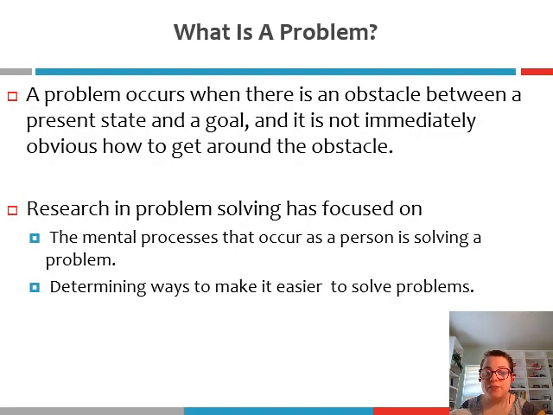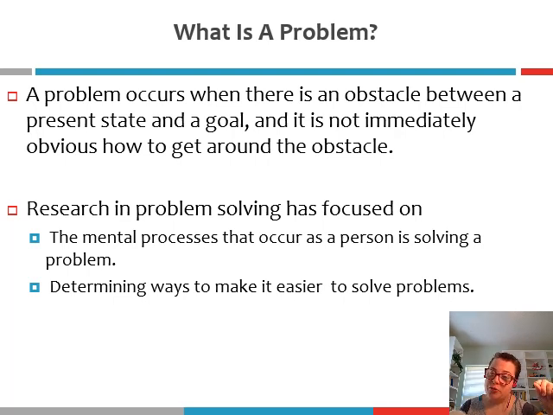Well, the definition that they've come up with is that a problem occurs whenever there is an obstacle between your current state and where you want to end up, or your goal state.